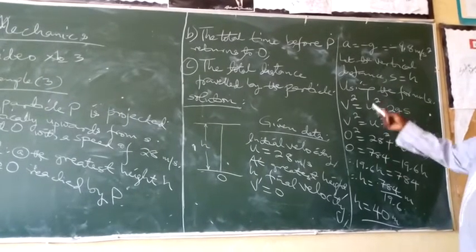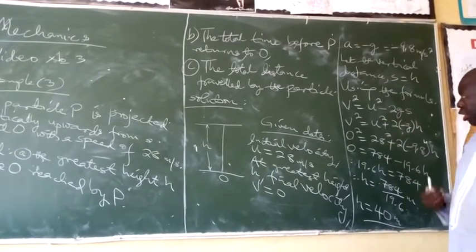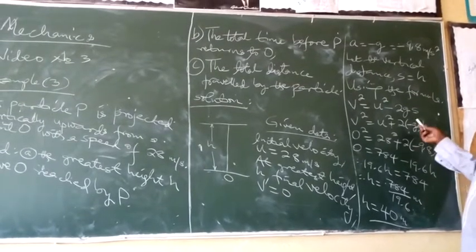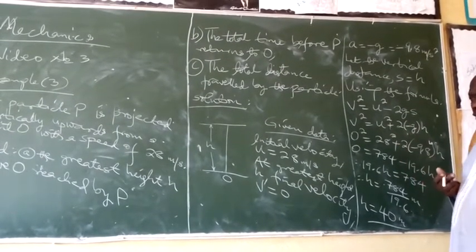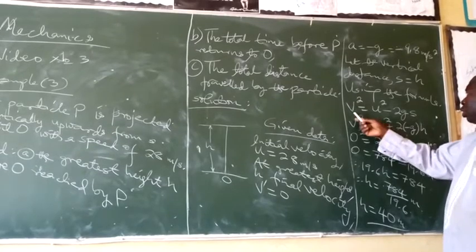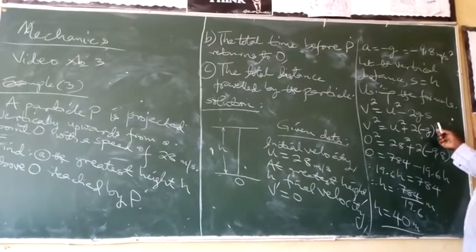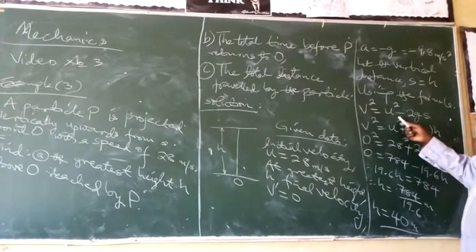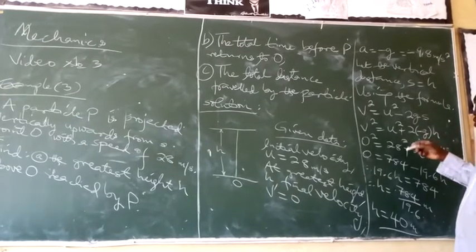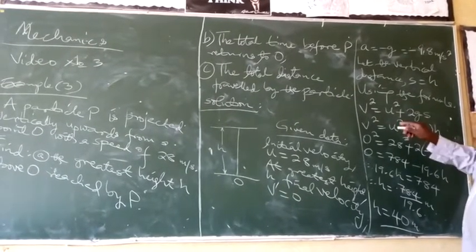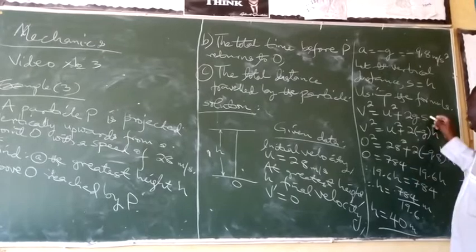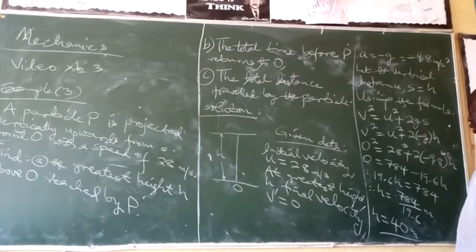Now, using those formulae that I gave you, that is the equations for uniformly accelerated motion, one of these equations is V squared equals U squared minus 2gS. Okay, let me just say plus 2gS, where S is the distance here.